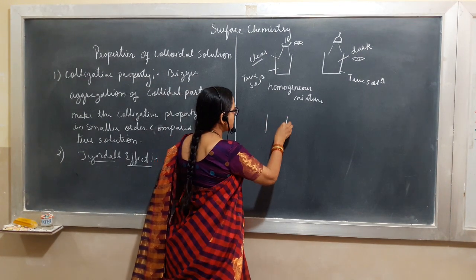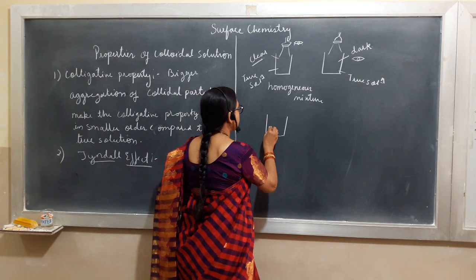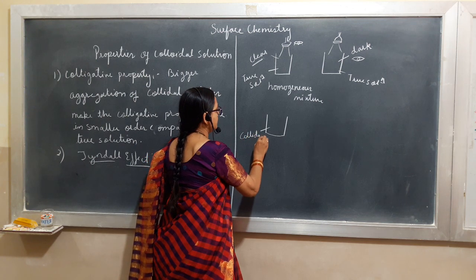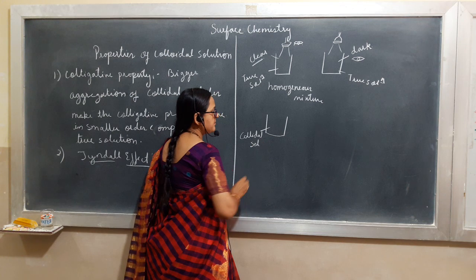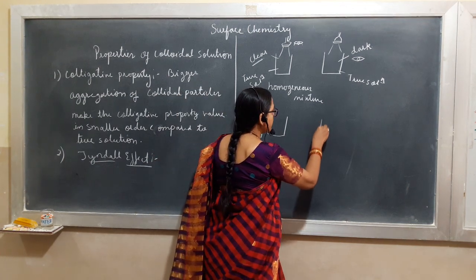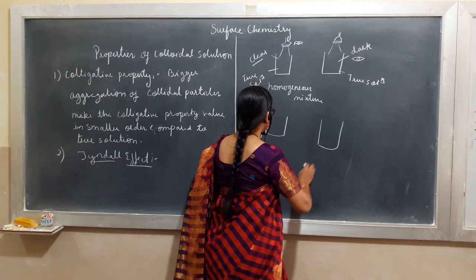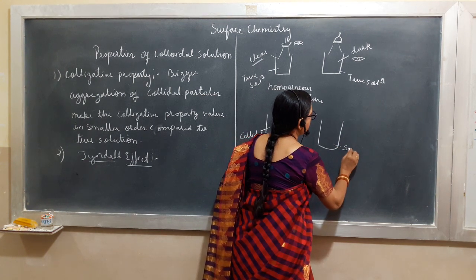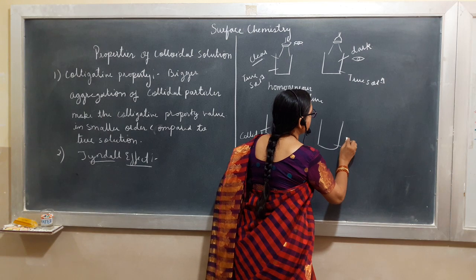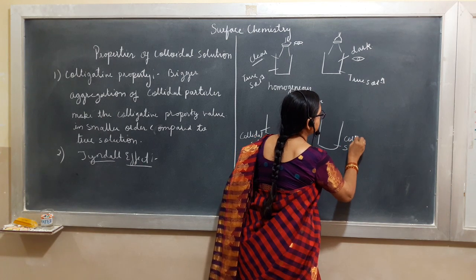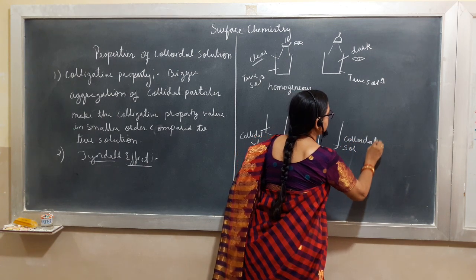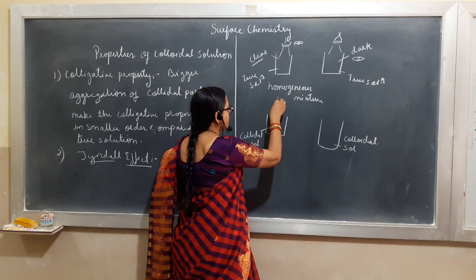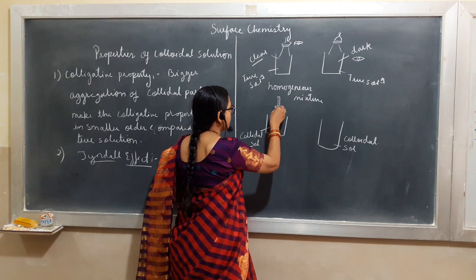If I take a container and in this I put colloidal sol, you can take a gum solution, gum and water. In one more container, I am going to take again the same substance, say the sol of gum, so colloidal sol, and observe this in the direction of the light.